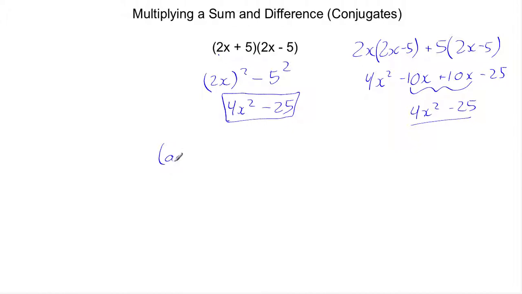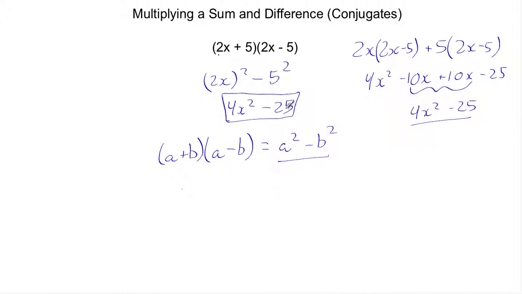In the general case, if I multiply a plus b times a minus b, this would look like a squared minus b squared, which again is a difference of two squares.